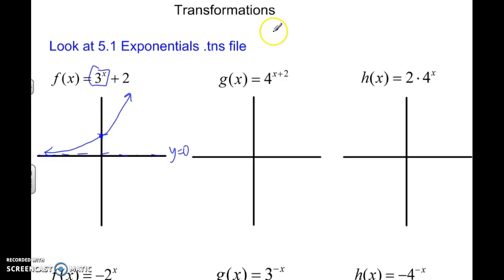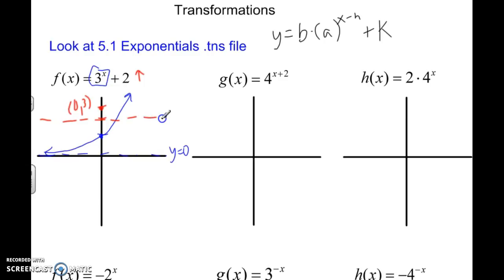The equation for this is y equals b times a to the power of x minus h, that's in the exponent spot, plus k. I'm using b for the number in front because we tend to use a for the base. The k value that moves it up and down is out here on the outside, plus 2 in this case. So plus 2 is going to move this graph up 2 units. If you take this point and move it up 2 units, there you are at the point (0, 3). The asymptote was at y equals 0. Now it's going to be at y equals 2.